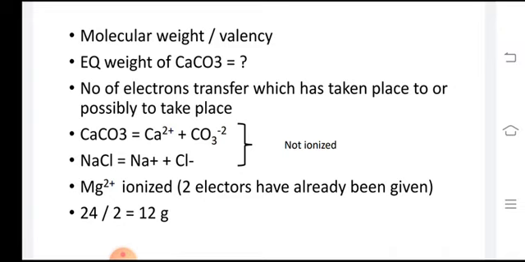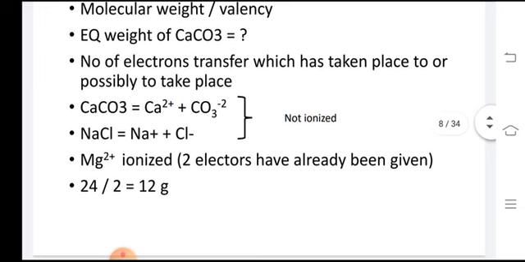Similarly, in the next case, we have magnesium 2 plus, and it has the capacity to lose 2 electrons, because the atomic number of magnesium is 12. In the innermost it has 2, in the second circle it has 8, and in the outermost circle it has 2. Now it has the capacity to lose 2 electrons. So once it gets ionized, it means it has already donated 2 electrons to some other radical.